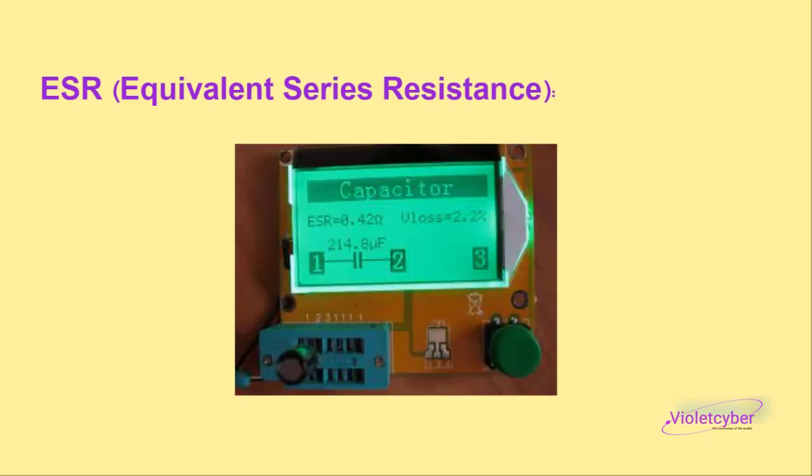ESR. ESR, as I mentioned before, is the internal resistance of the capacitor in series with its capacitance. This parameter is especially important at high frequencies, as it reduces the efficiency of the capacitors in switching circuits.